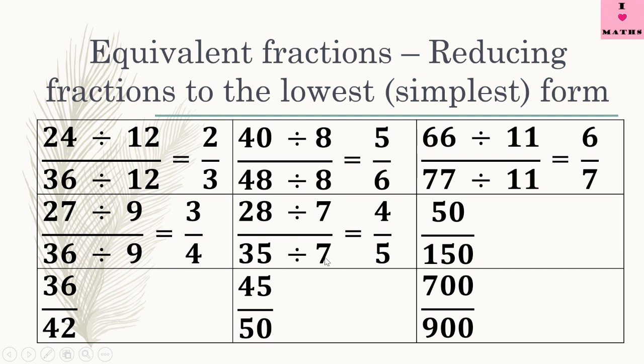And 35 divided by 7 is equal to 5. 7 fives are 35. So children, 4 upon 5. Again, 4 and 5 only come together in the table of 1. So the fraction 4 upon 5 is in the lowest form.